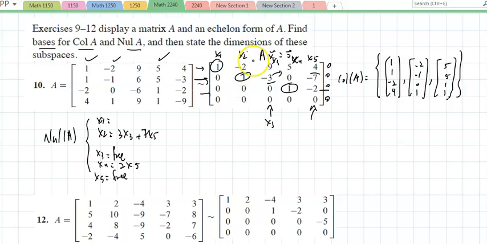Okay, I should have reduced that further, but that's okay. x1 is gonna be 2x2 minus 9x3 plus x4. So again, if you don't reduce it, it's some work.